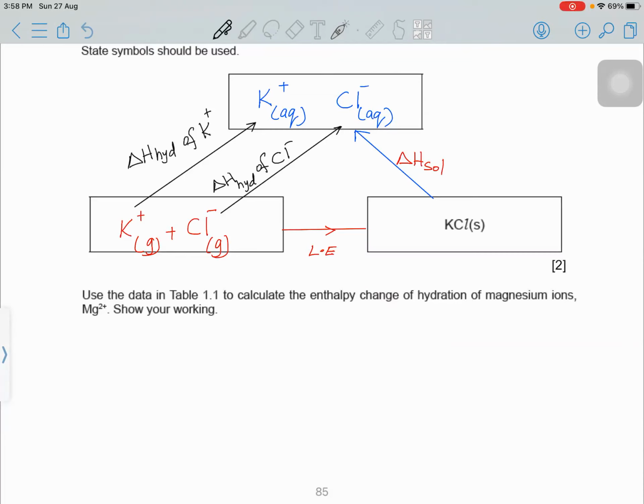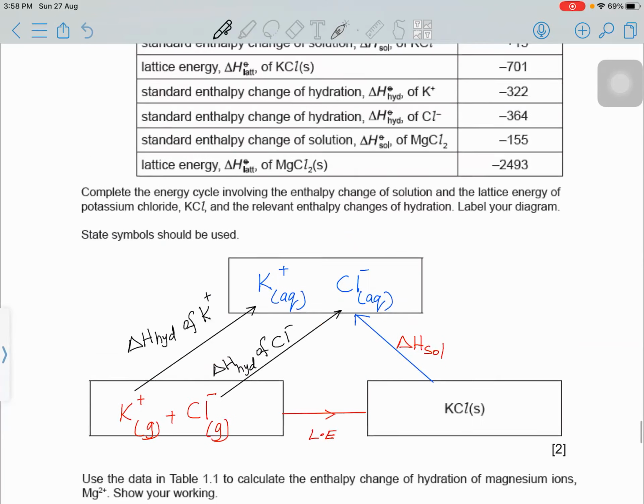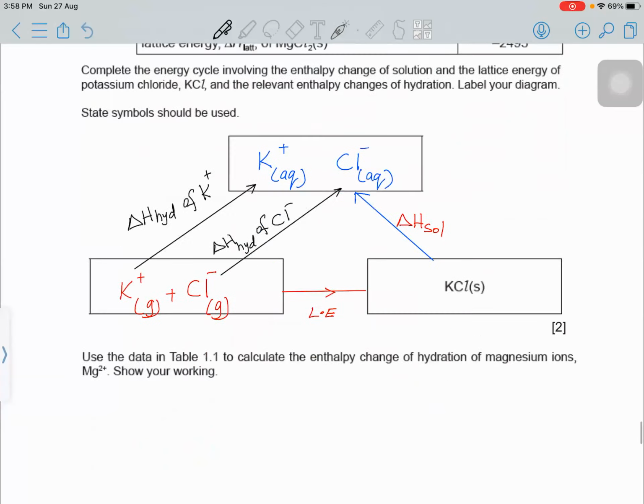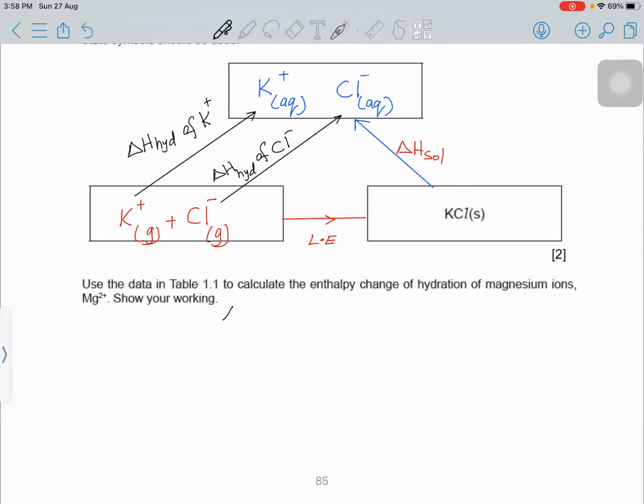Now calculate the enthalpy change of hydration of the magnesium ion. Show your working. So all data are given. So just use hydration energy is equal to lattice energy plus solution.